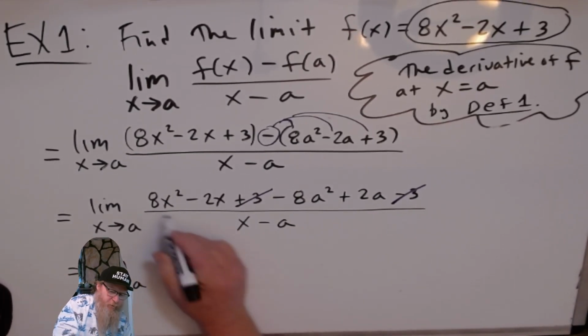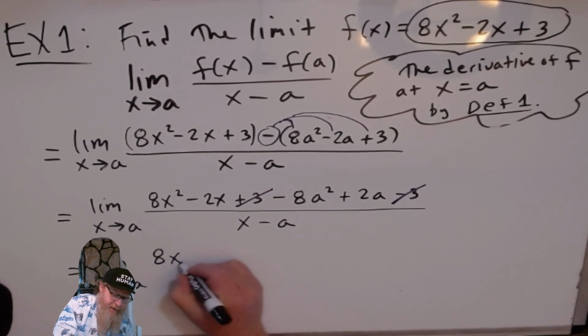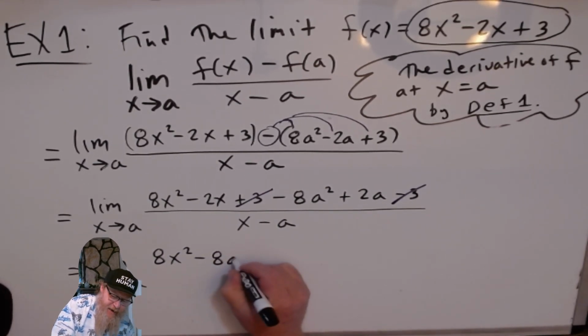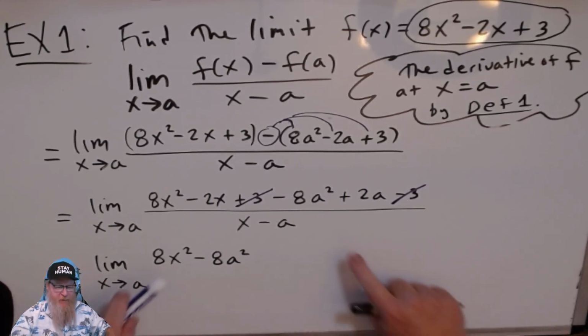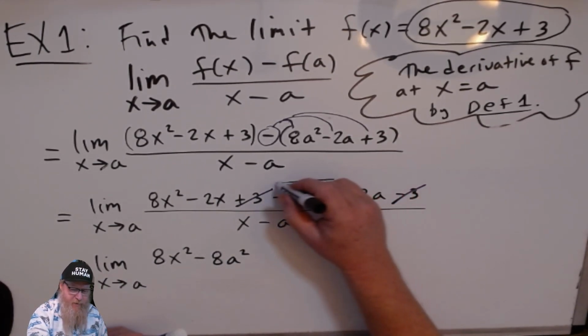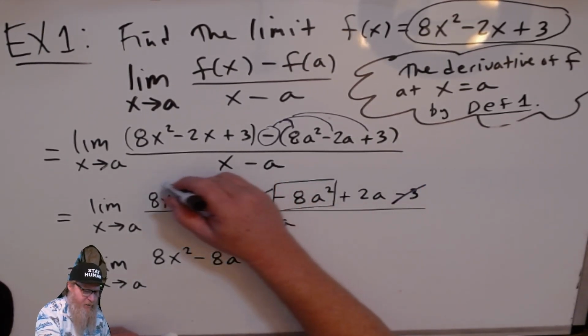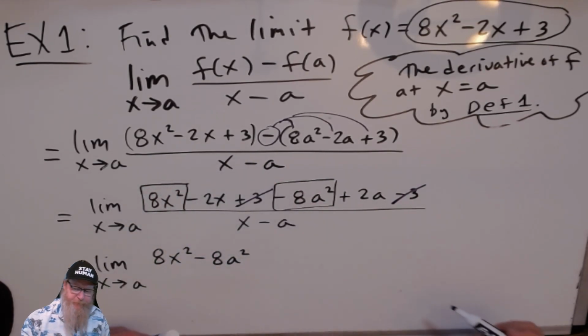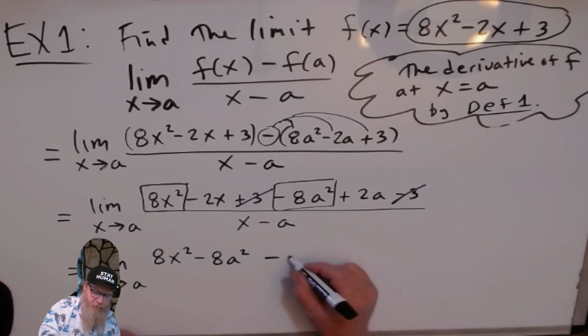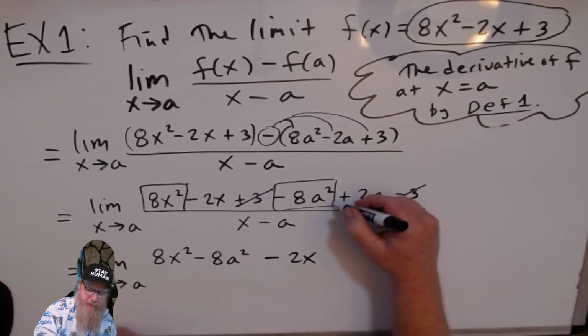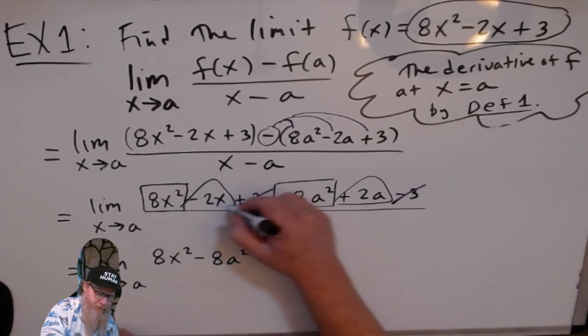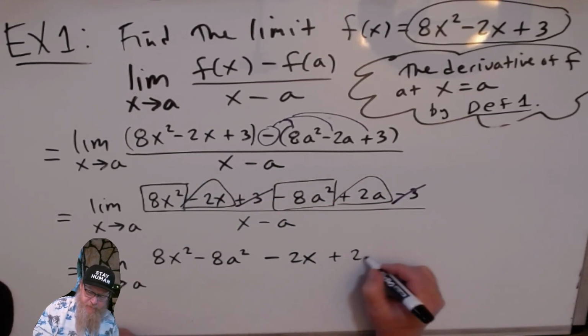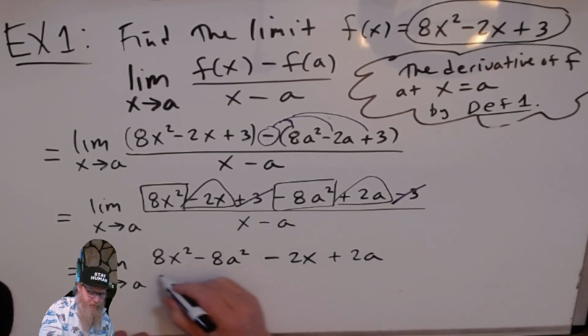We're going to do what's called grouping here. So we're going to do 8x squared minus 8a squared. So we're going to group together our square terms. We're also going to group together our linear terms. The constant terms have canceled.